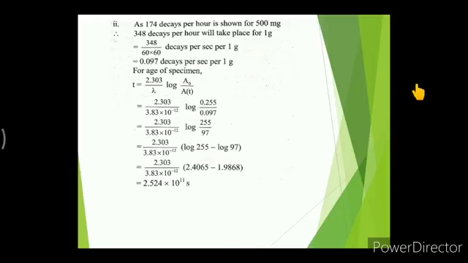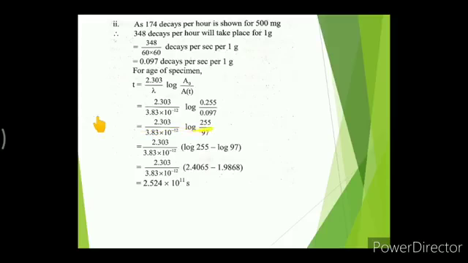The lambda we have determined, value we are getting as 3.83 into 10 raised to minus 12, and A0 is given to us 0.255 becquerel, and AT is given over here that we have calculated, 0.097 decays per second per 1 gram. So substitute the values over here and let's solve it to determine the value of T, which gives the age of the specimen.